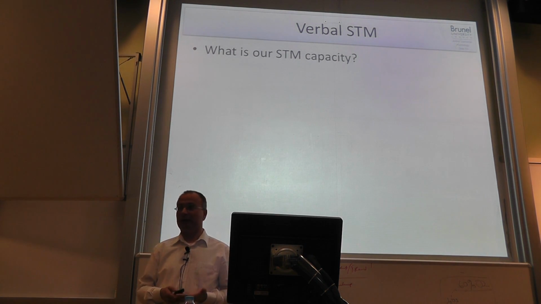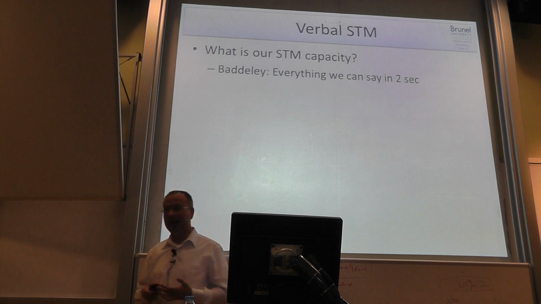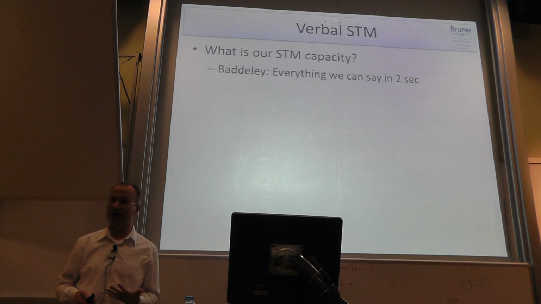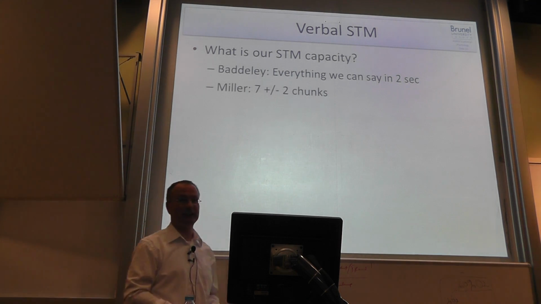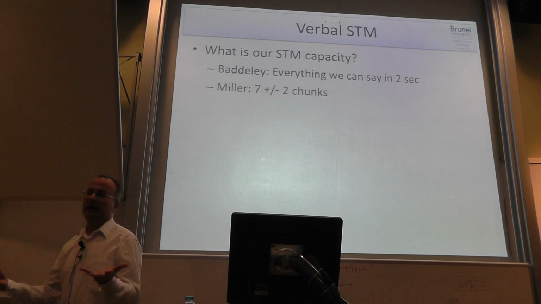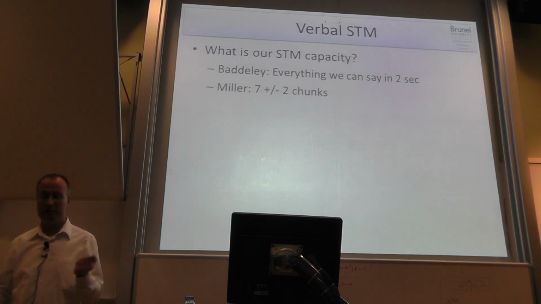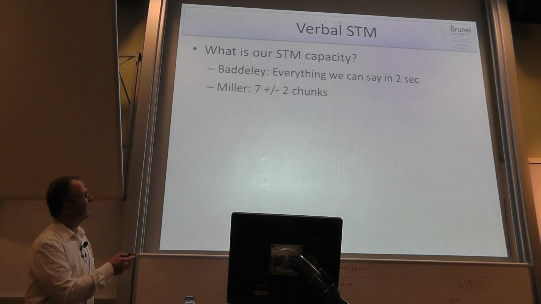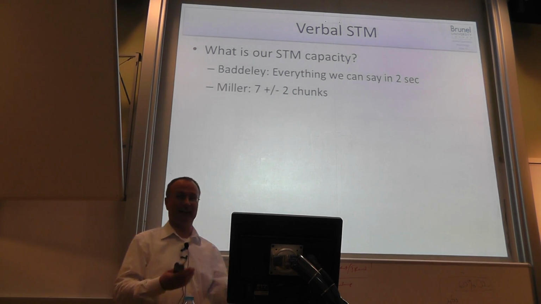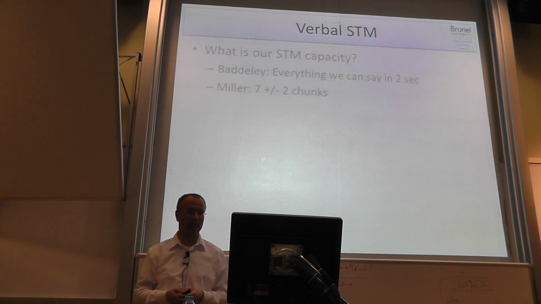Okay, so what is our short-term memory capacity? Baddeley says basically everything which we can say within 2 seconds, and Miller suggested, well, it's 7 plus minus 2 chunks. So this is somewhat conflicting. It may be that on average it's roughly 7 things we can say in 2 seconds, so that there some equivalency comes from.